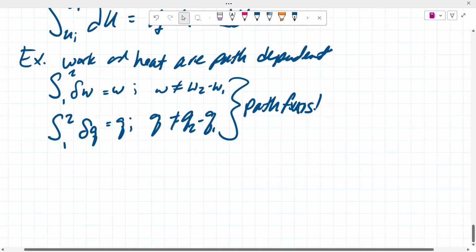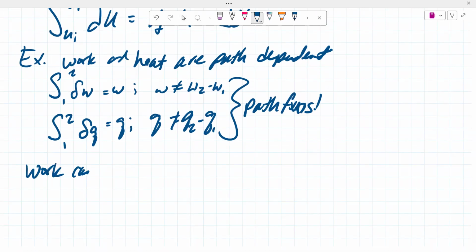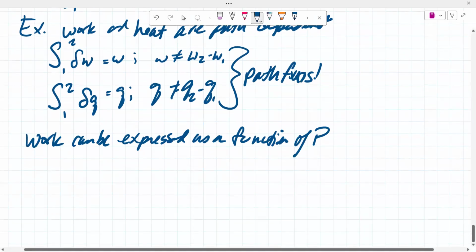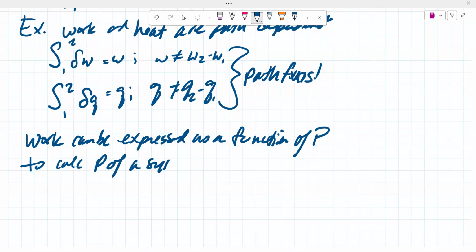That can be expressed as a function of pressure. Calculate the pressure of a system. PV equals nRT instantaneously.